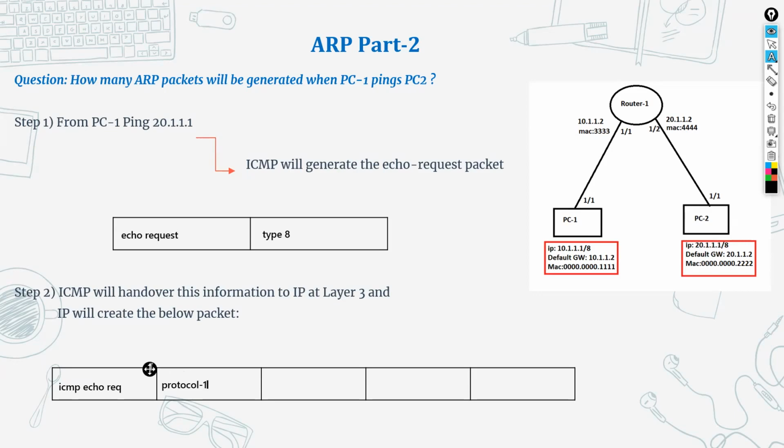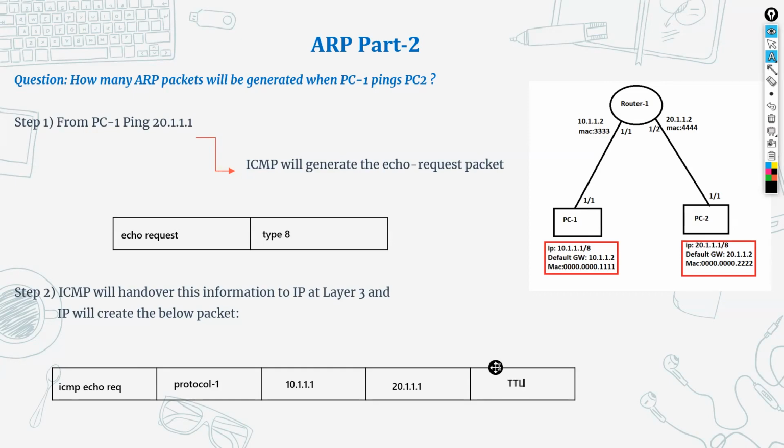Then there will be the source IP. The source IP is 10.1.1.1, right? We have the destination IP, which is 20.1.1.1, and also there will be a TTL field. So there will be a TTL field based upon, like, if you are using Windows, it may be 128.